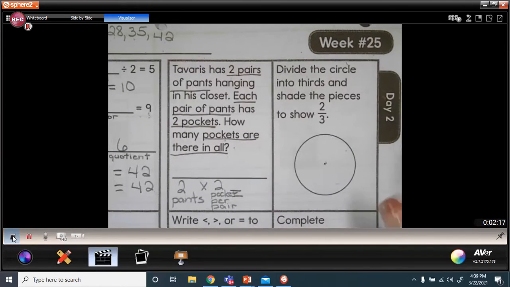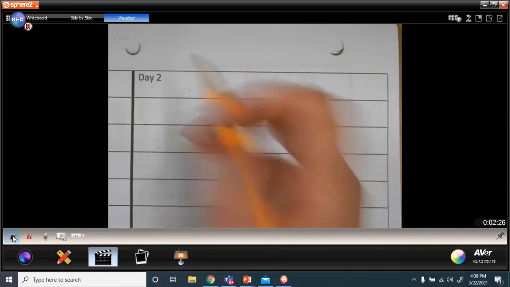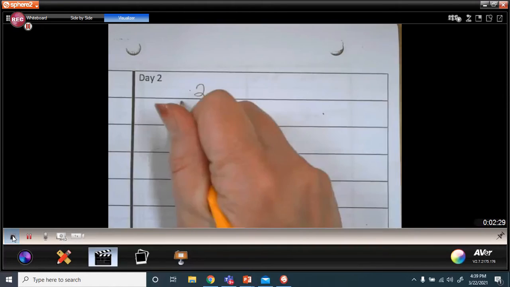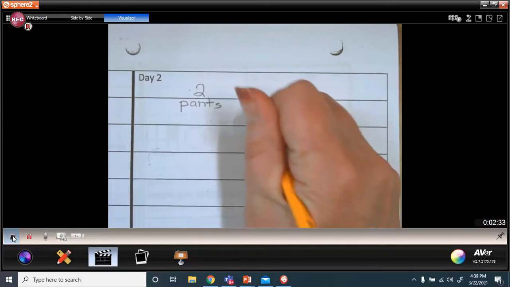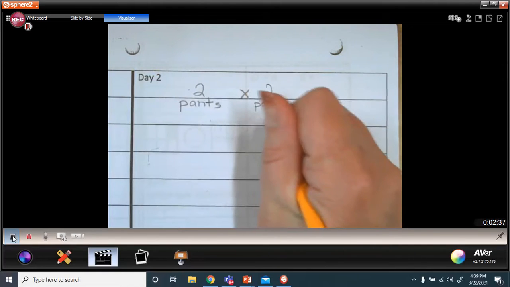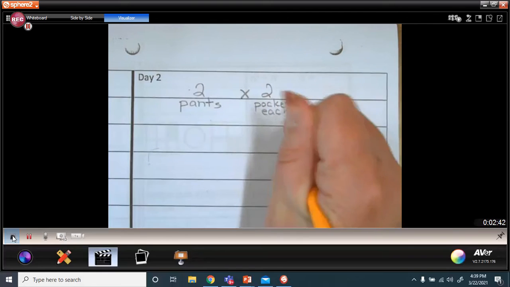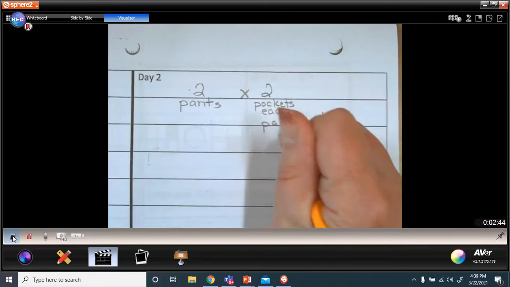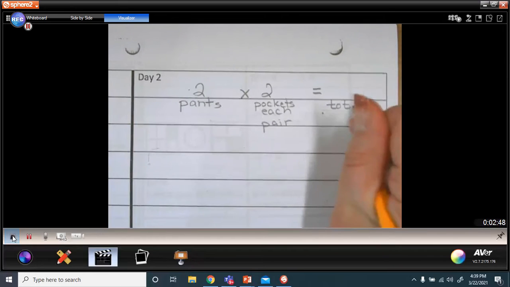So I'm going to flip to the back here and show my work on the back, just like I've shown you to do in the past. So we're going to use 2 pairs of pants, and we are going to say that there are 2 pockets for each pair, and we want to know total pockets, all the pockets.